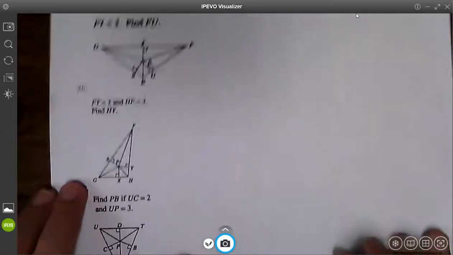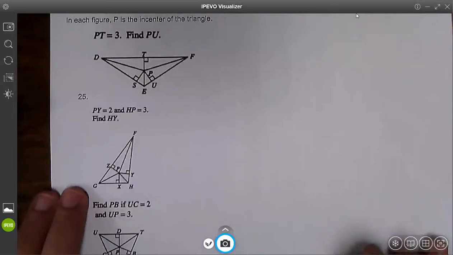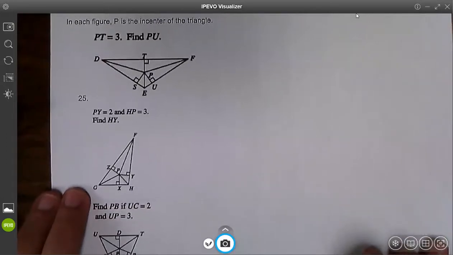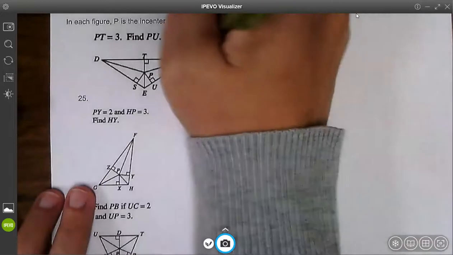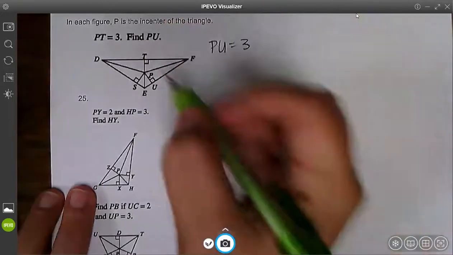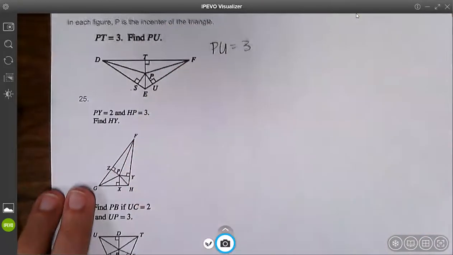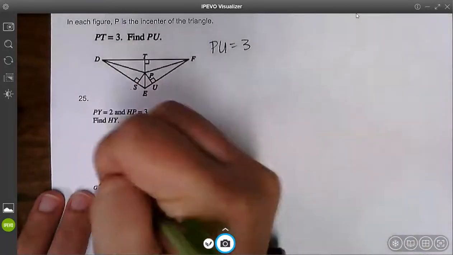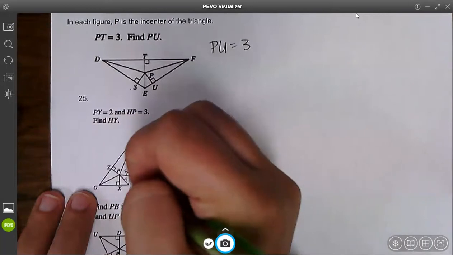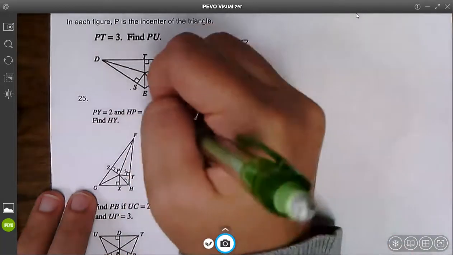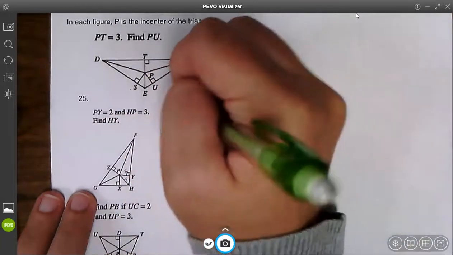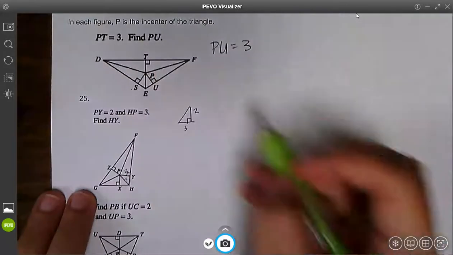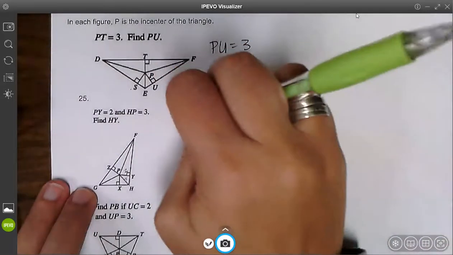In each figure, P is the incenter of the triangle. So if PT is 3, then PU also has to be 3 because the incenter is equidistant from the sides. Here we have PY is 2, HP is 3, find HY. So what we've got is another right triangle here. We have 2, 3, and then, I'm sorry, 3 is the hypotenuse.